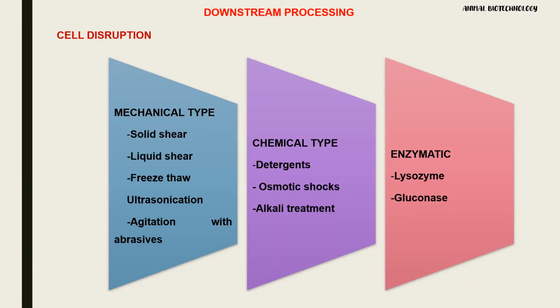In certain cases, the product formed is intracellular in origin. In such cases, cell lysis or cell disruption needs to be done to release the product. It could be by mechanical means, chemical means, or enzymatic methods.